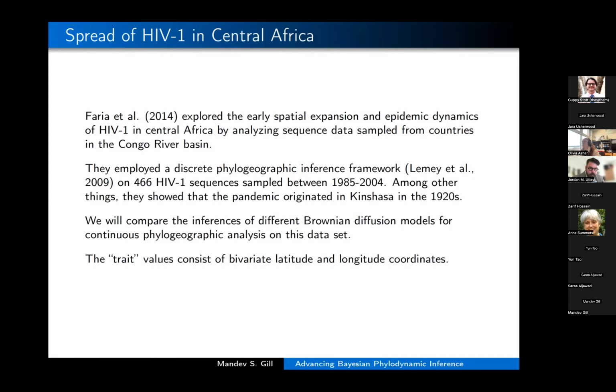So we want to analyze this data set with several different Brownian diffusion models for continuous phylogeography and compare the results. So notice here that the continuously varying traits in this instance consist of bivariate latitude and longitude coordinates.